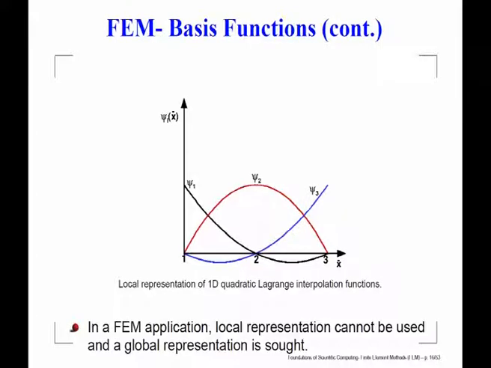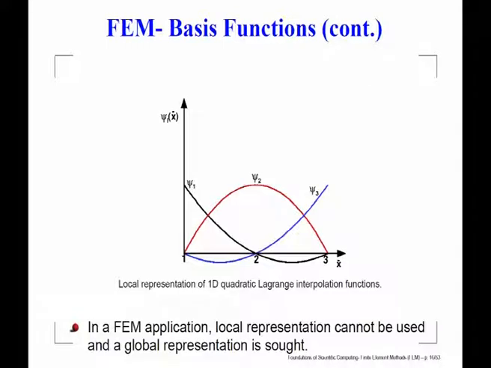Okay. Now, in the same way if I look at the psi2 function, this is also a quadratic function which has to be equal to 0 at 1 and 3 and which will be equal to 1 at x equal to x2. And in the same way psi3 would be 0 at x1 and x2 and at x3 it will be 1.